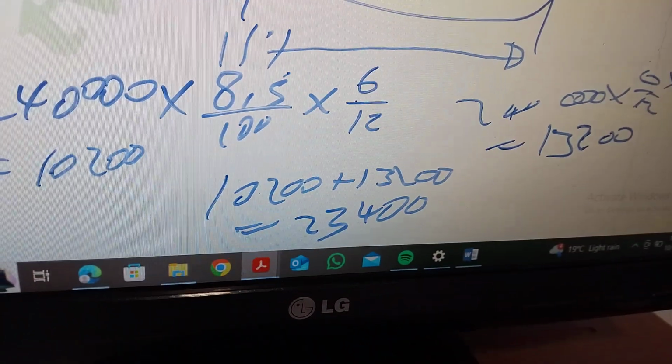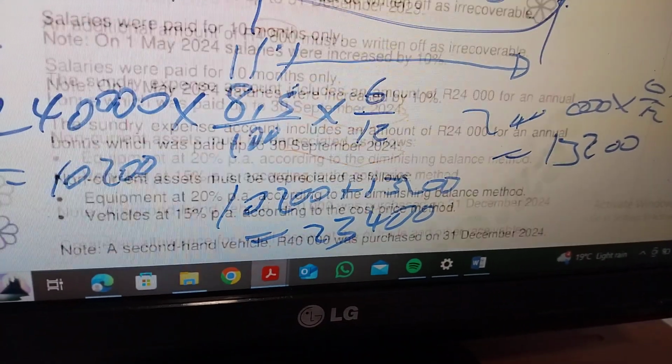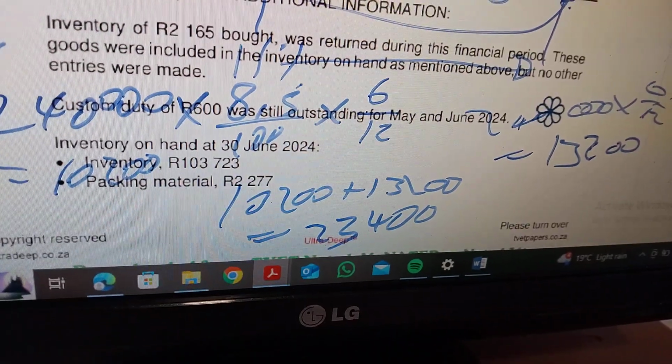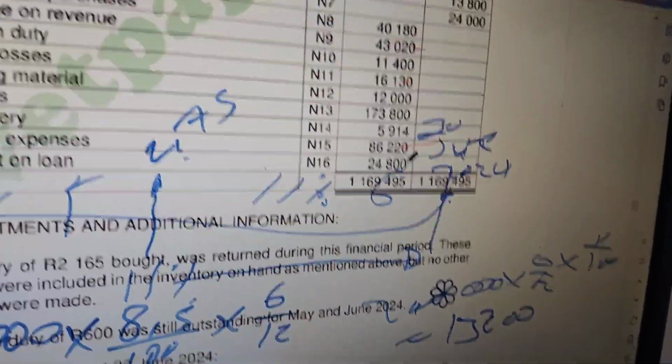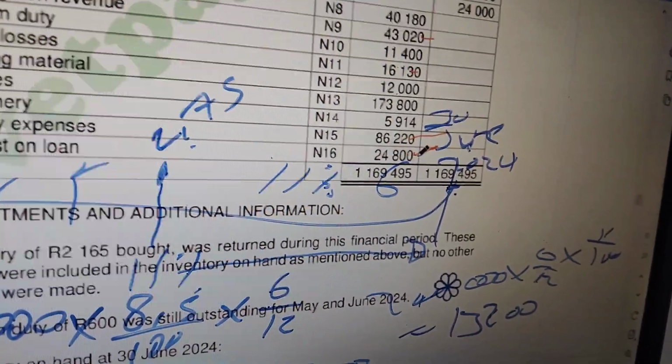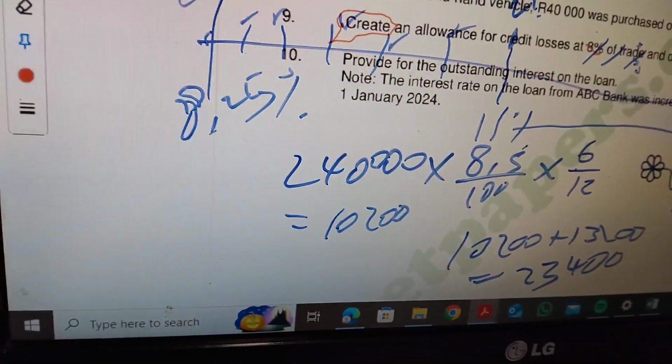Let's go and check how much we paid on the trial balance. Interest paid. Where is it? Interest on loan. So we paid how much? We paid 24,800.